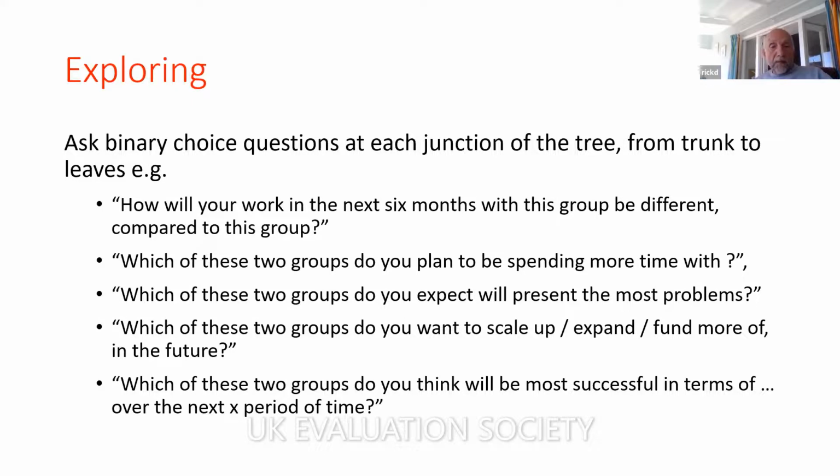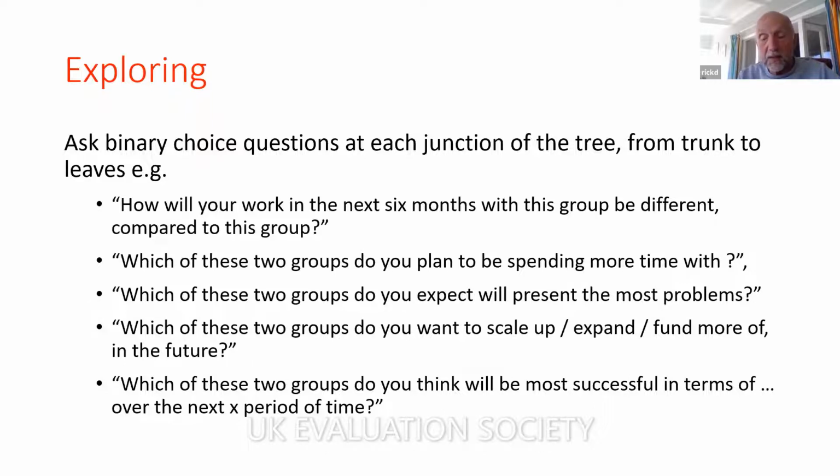Or which of these two groups of NGOs do you want to expand funding to, versus reduce funding or keep the same? Or which of these two groups do you think will be more successful in terms of X, Y, and Z over the next period of time, versus less successful? You can ask that same question all the way down the tree structure.